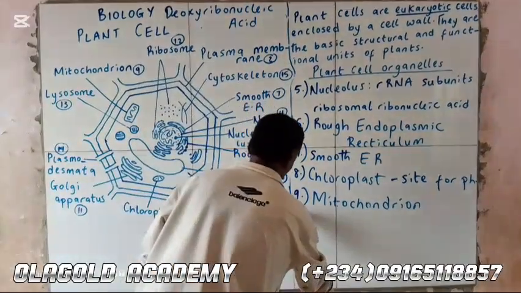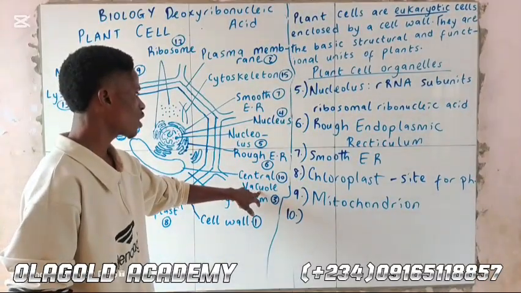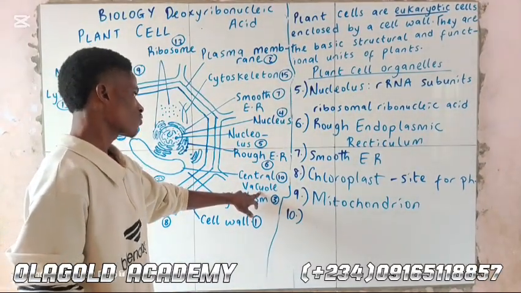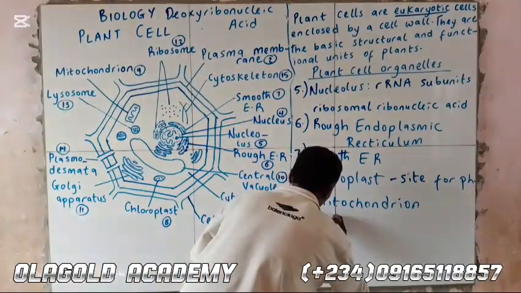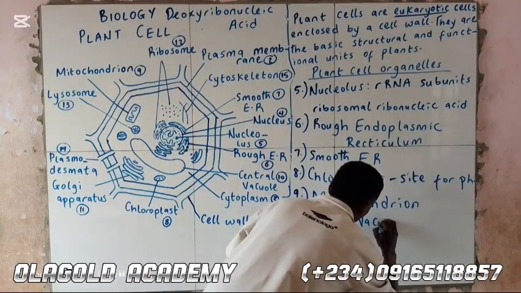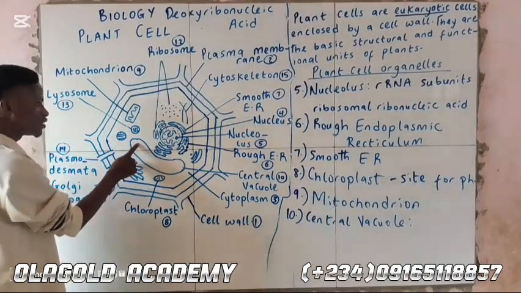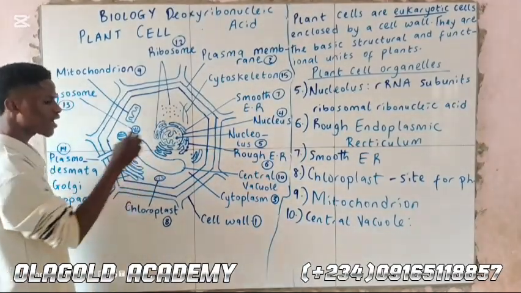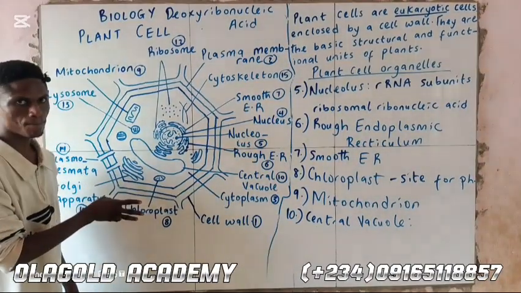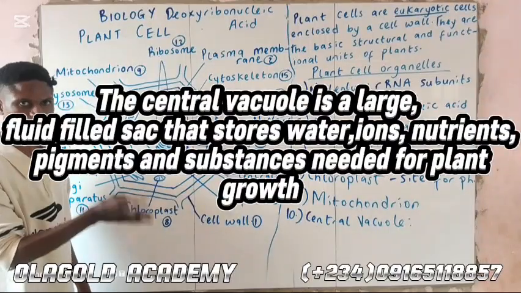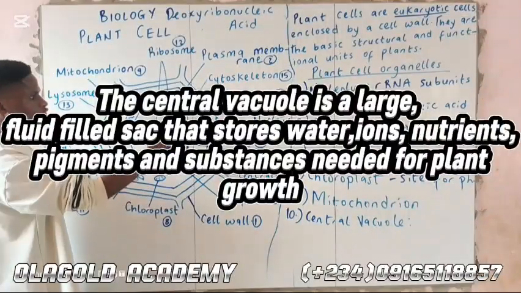Number 10, we have the central vacuole. Now, this central vacuole is a large filled sac that helps to store water, nutrients, pigments, and other needed substances for cell growth.